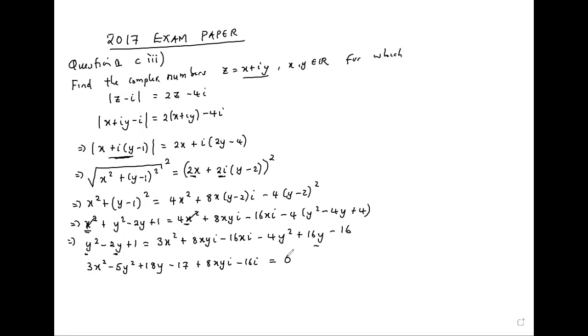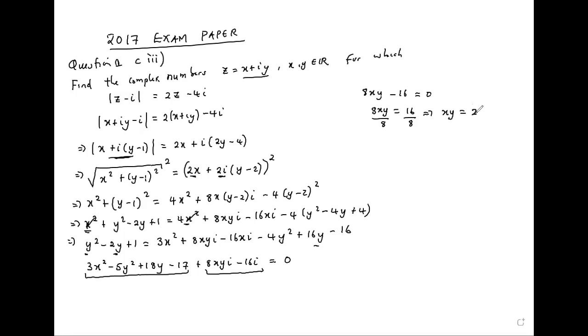Now, for it to be equal to 0, we require that the real parts be equal to 0 and the imaginary part be equal to 0. So the imaginary part is 8xy minus 16. This is 0, implying that 8xy is equal to 16. Divide by 8, we'll get xy is equal to 2.